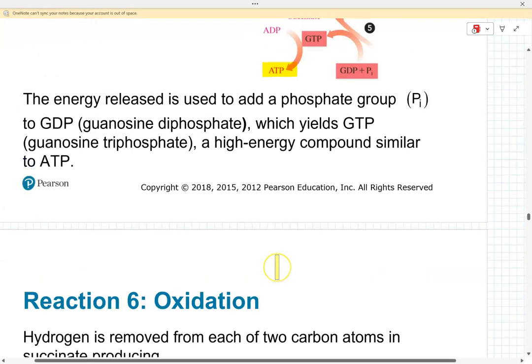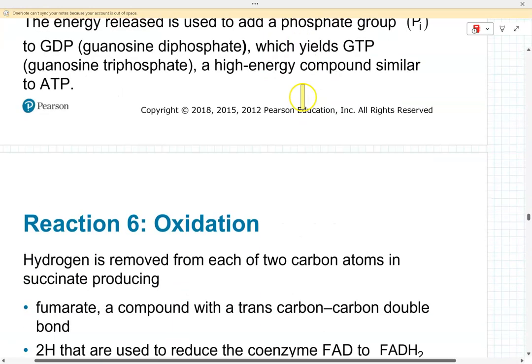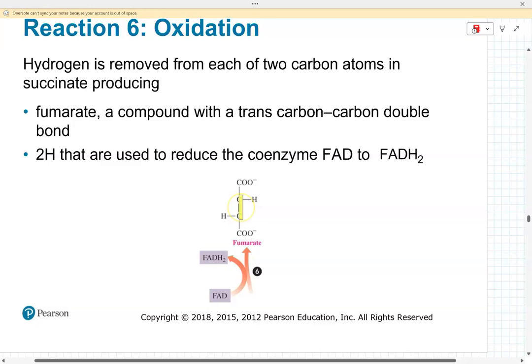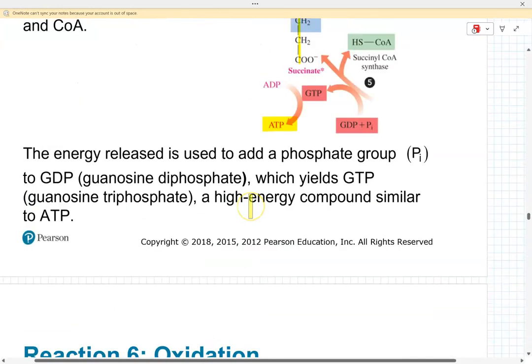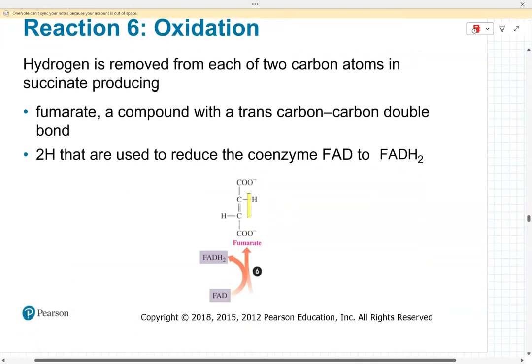Now remember that when you go from no double bonds to a double bond, it means that you lost hydrogens. When you lose hydrogens, it's oxidation. Remember that? So succinate is oxidized to fumarate. The hydrogens that it loses go to what?